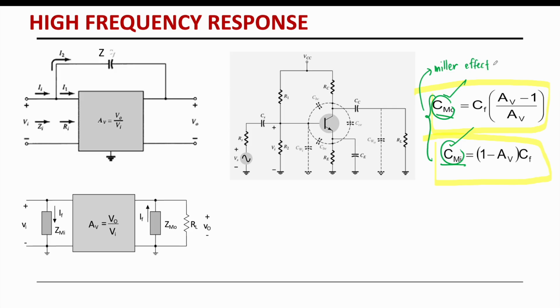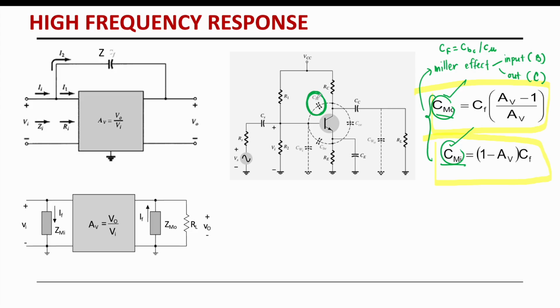It happens at the input node, which is our base, and the output, which is our collector. This Miller effect is produced from CF, and this CF is actually equal to CBC or C mu, remember? So where does this happen? It happens here, this particular part.